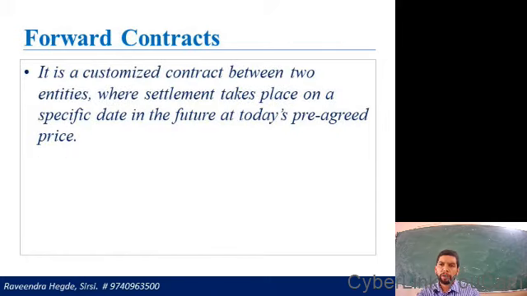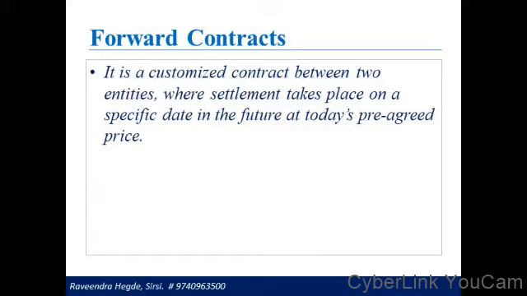What is a forward contract? It is a customized contract between two entities where settlement takes place on a specific date in the future at today's pre-agreed price.